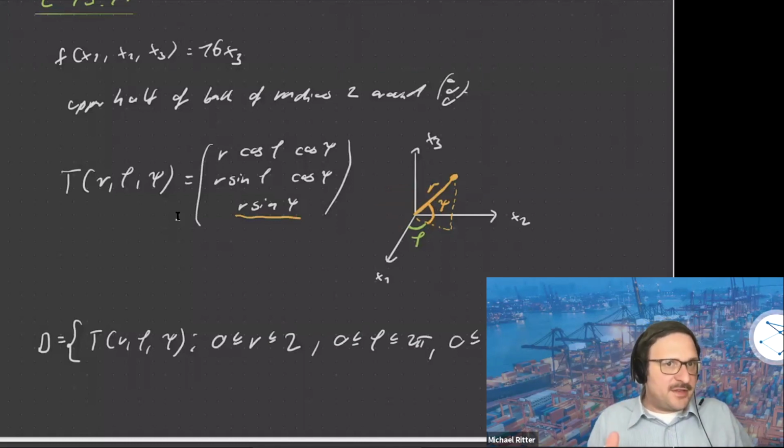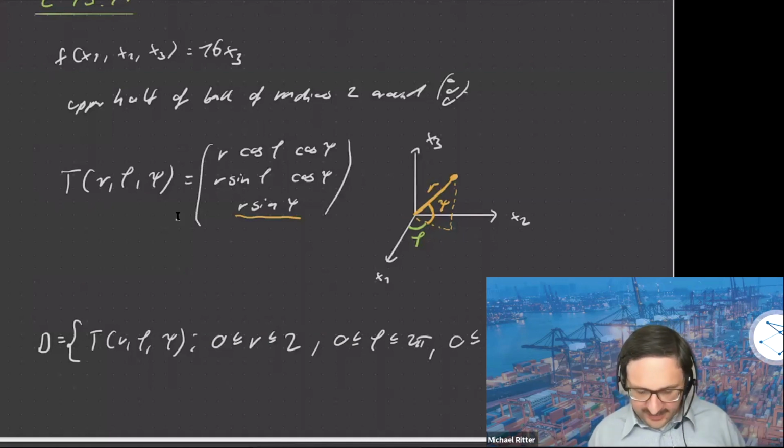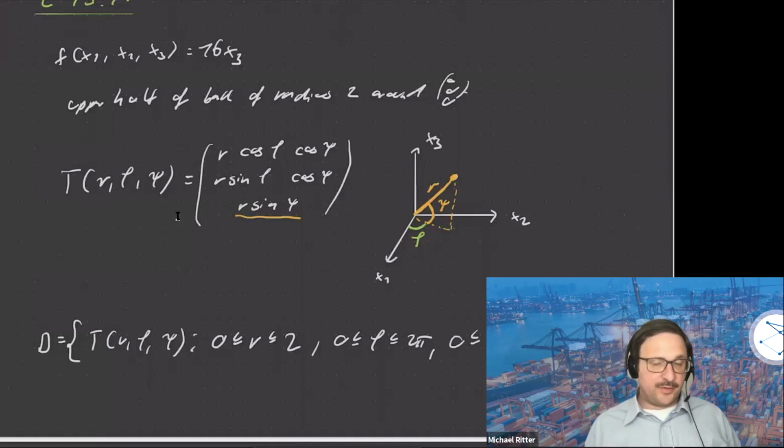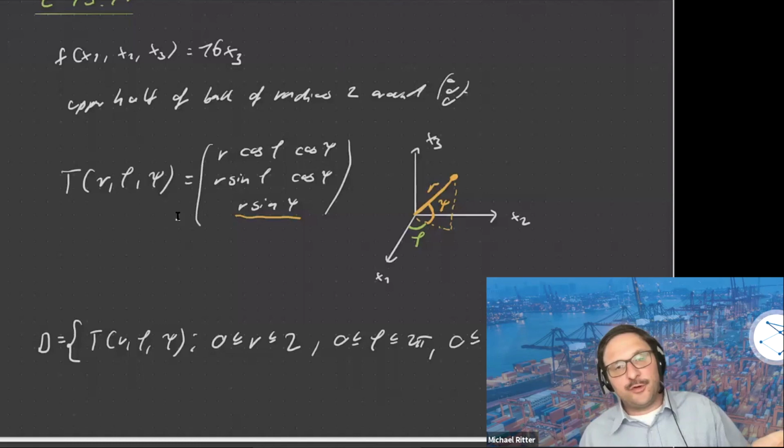The body would be the same, just the counting would be different. If you want the whole ball, then instead we would have psi vary between pi over 2 and minus pi over 2. We need to go below the x1, x2 plane, and we get that by negative psi values. So if you want the whole ball, we would have psi vary between minus pi over 2 and pi over 2.